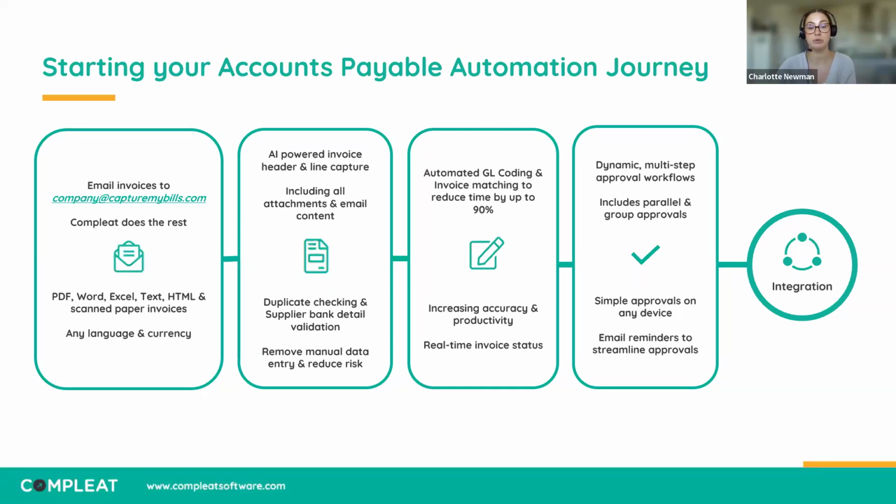Invoices can then be routed on a multi-tiered dynamic approval workflow based on any account codes, departments, BI codes, suppliers, or value thresholds to meet your organization's approval control needs. Once invoices have been approved, they'll be transferred in real time across to your integrated accounting software, and that includes the PDF of the invoice itself as well, so streamlining your entire end-to-end AP process.